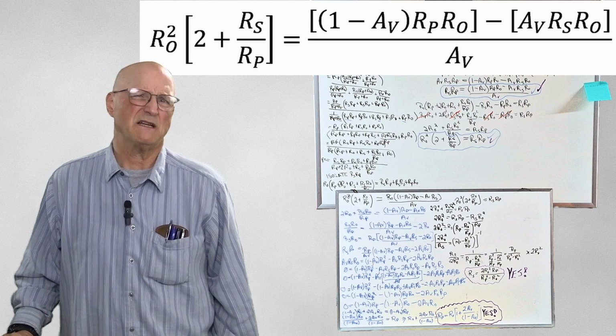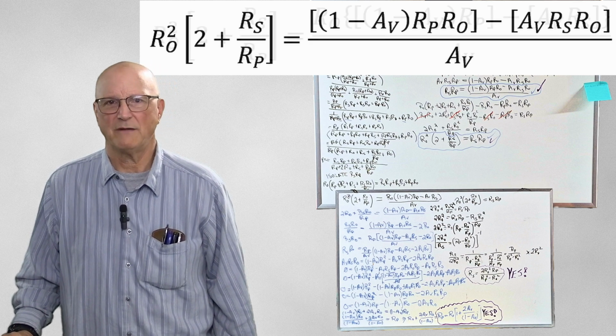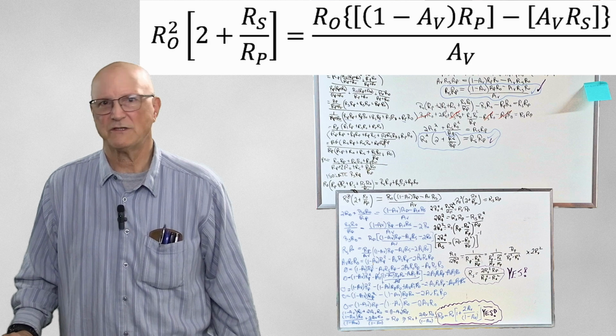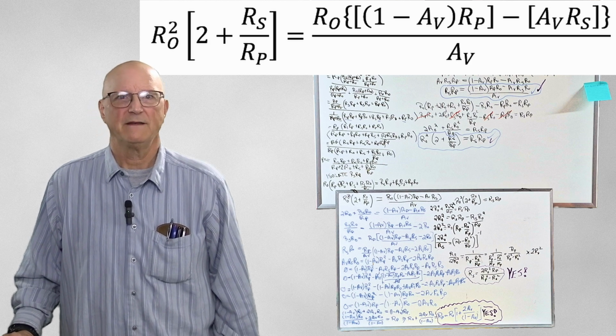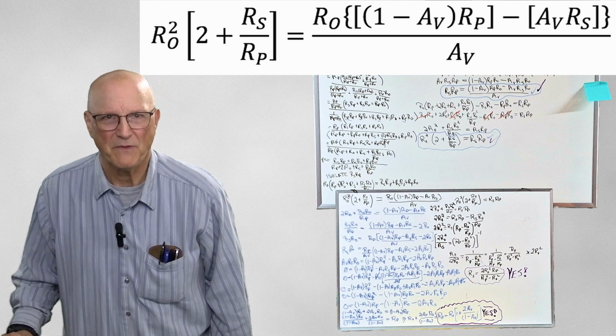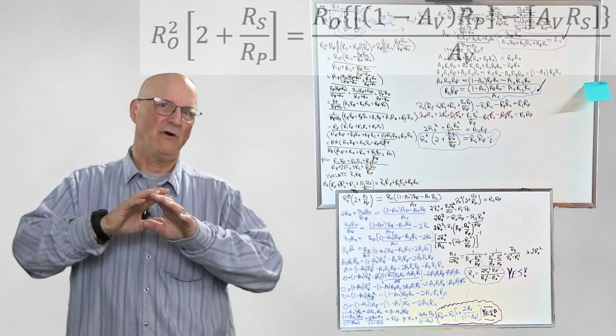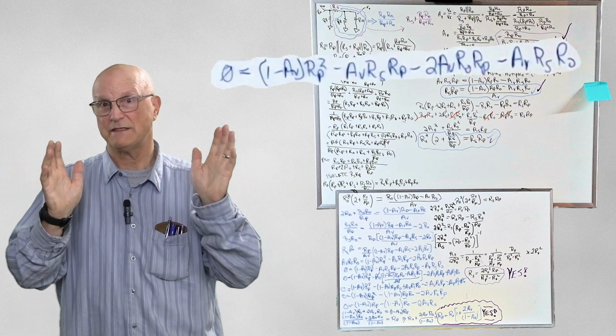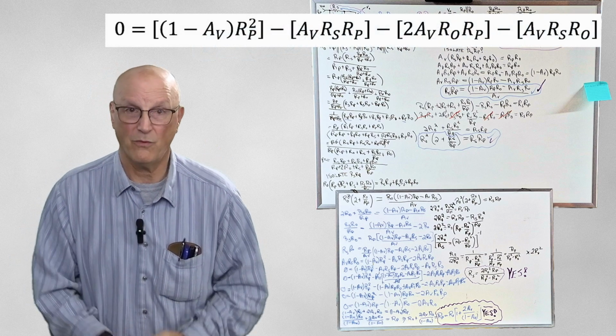Now, when I do just a little bit of work, it becomes this, which will help us to simplify it. Now, let's simplify it. Without going through all of the process, this gives me this lovely equation.